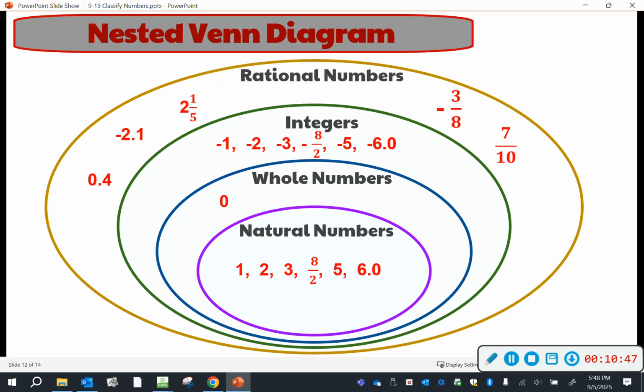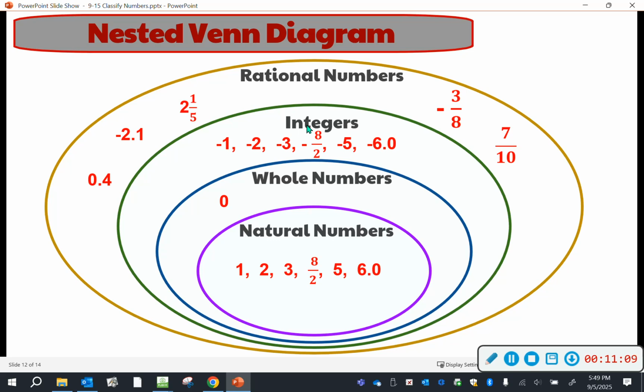All of these are in fraction or decimal form. I cannot drop off the decimal, like the 0.1. I can't drop that off. It changes the value, like I did in the 6.0. So if there is a decimal that won't drop off, it's just a rational number. It's not an integer, it's not a whole number, it's not natural, it's just rational.